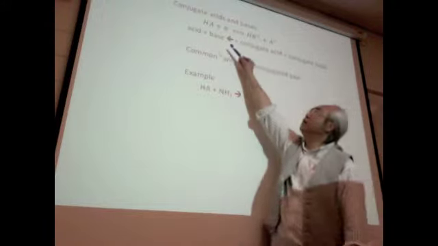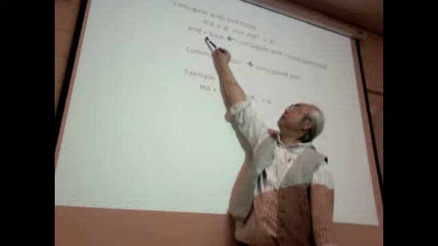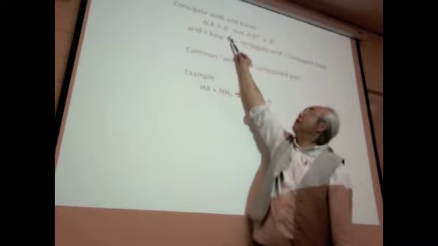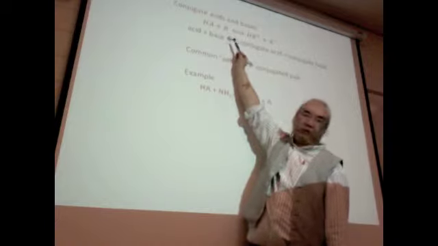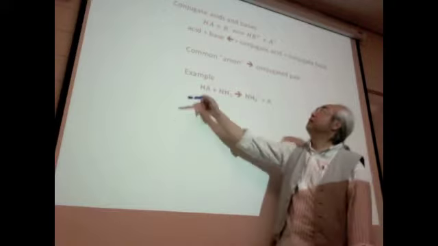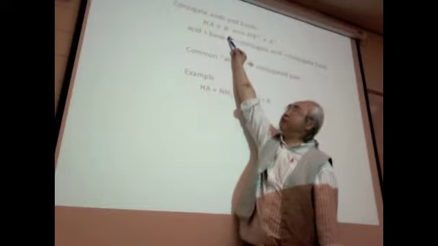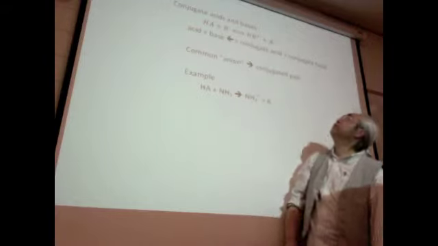Now, how do we define conjugate acids as well as conjugate bases? So here, initially, you have an acid mixed with a base. You will see more definition of how to define a base versus the acid, but for now, let's use the symbols to represent the 2.